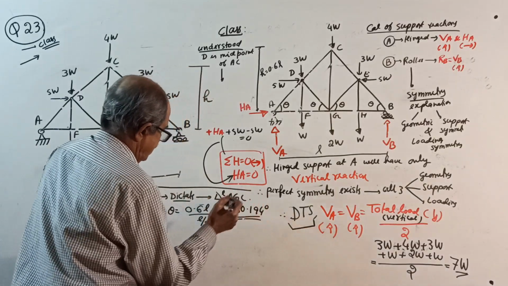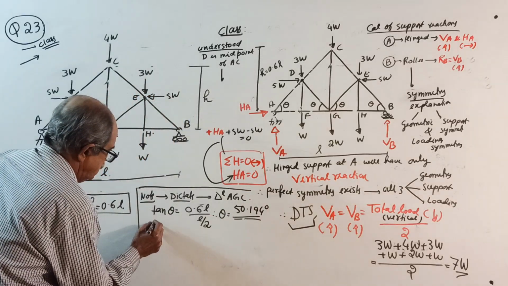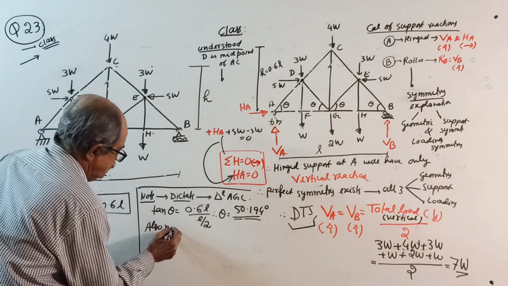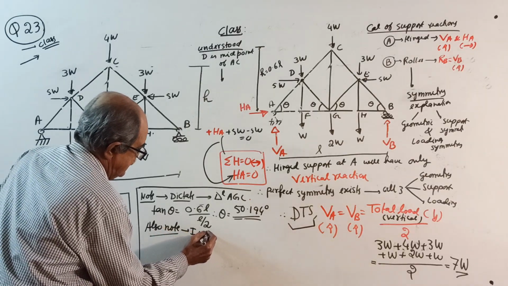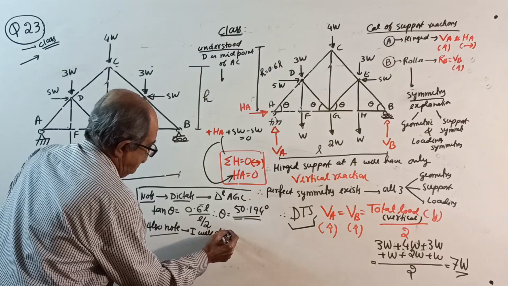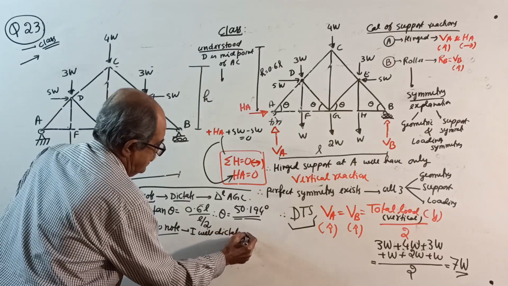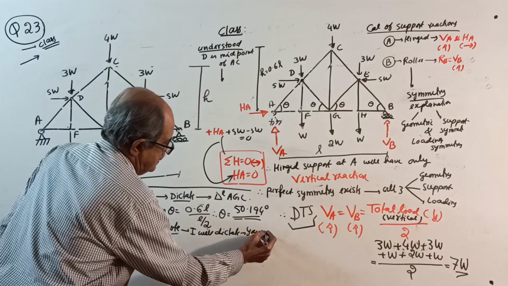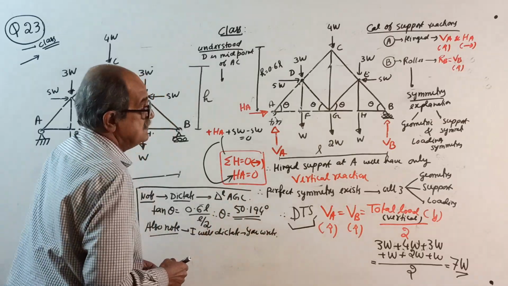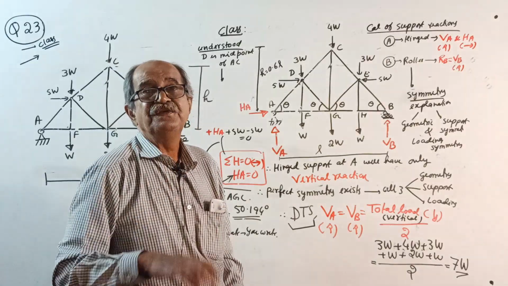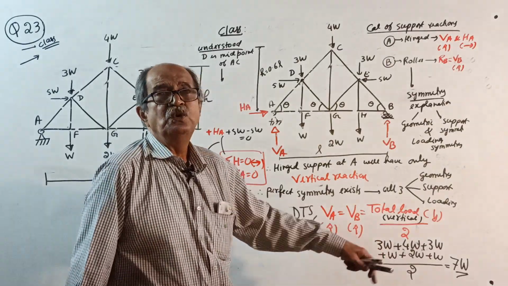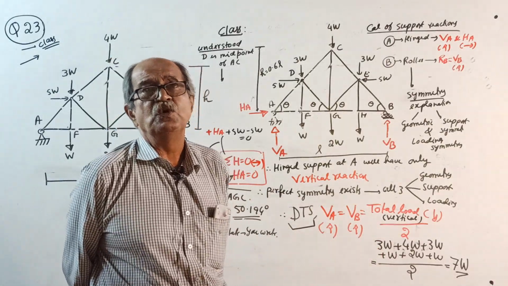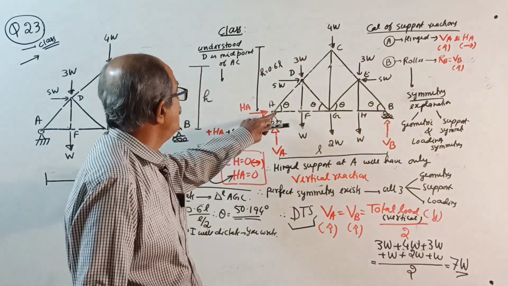50.194 degrees. Now, also note, I will dictate, you write. By chance, if symmetry is not there, then you cannot take VA equal to VB equal to total load by 2. Then you take moment.